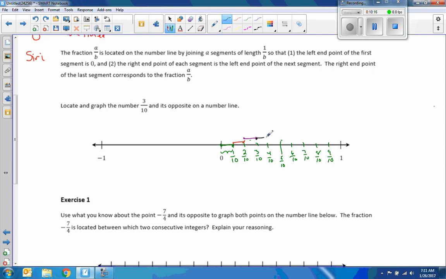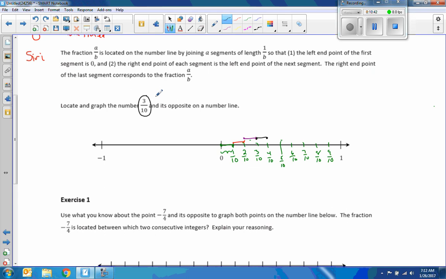So then 3/10 is the left endpoint and 4/10 is the right, and so on. The right endpoint of the last segment corresponds to the fraction a over b. So in this case, a would be 1, a would be 2, a would be 3, and so on. Okay, so now let's answer this question.